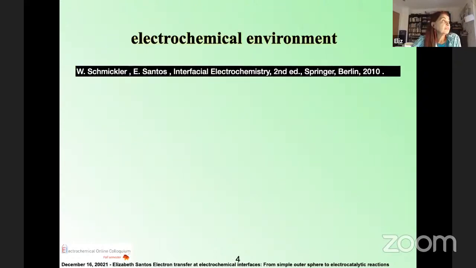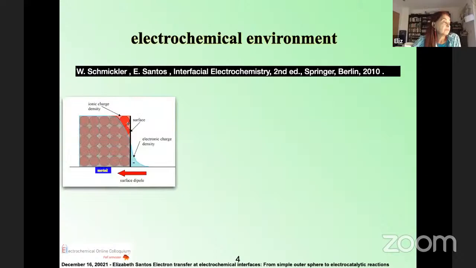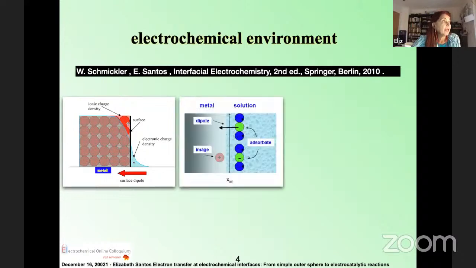Then, what is an electrochemical environment? There are different models of the double layer. At the interface between an electrode and the vacuum or the solution, there is a change in the electronic density, and this can also be seen as a split between a charge on the solution side, for example, and the image charge on the side of the metal.